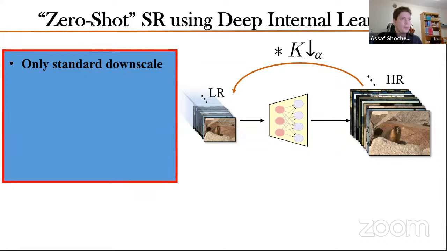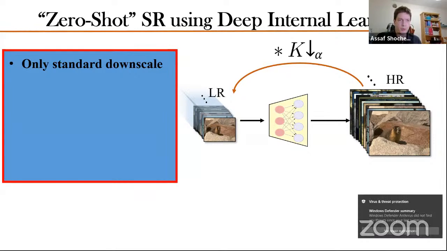So one of them is that you can only use some kind of standard downscaling. What happens is that the low resolution images are actually produced from the high resolution images, and the way you downscale an image is an issue. I'm going to discuss each issue more thoroughly later on, but it's an issue.